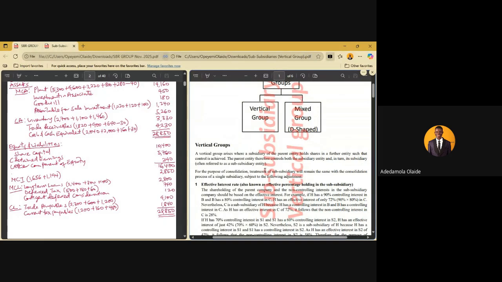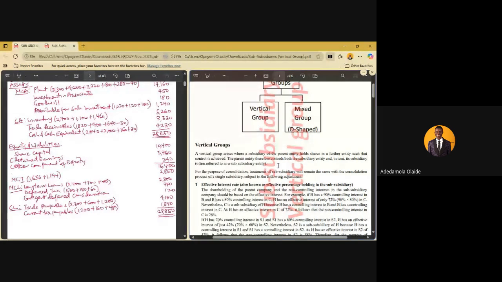It is calculated by multiplying the percentage of holding the parent has in their subsidiary by the percentage of holding the subsidiary has in the sub-subsidiary.